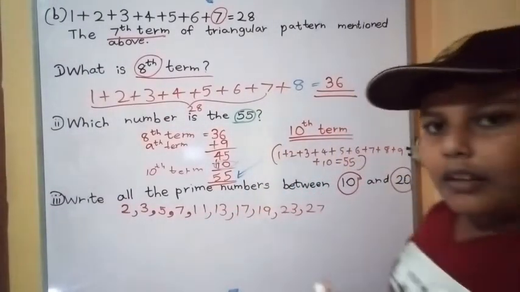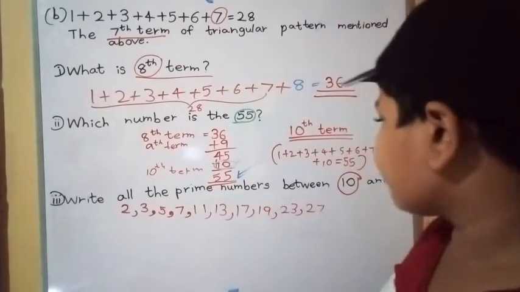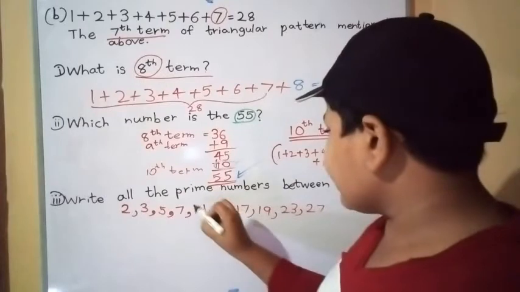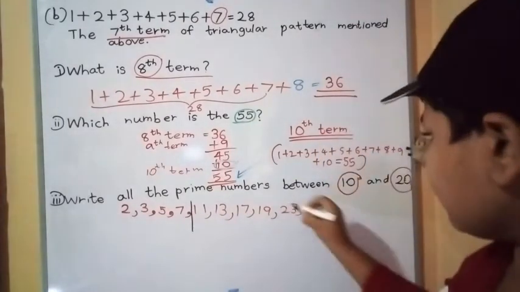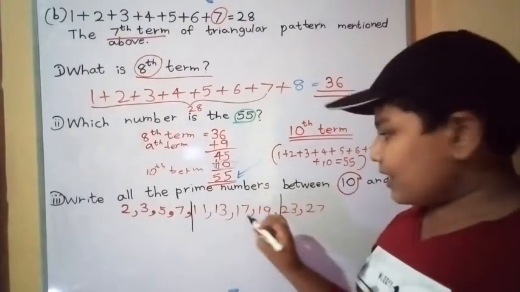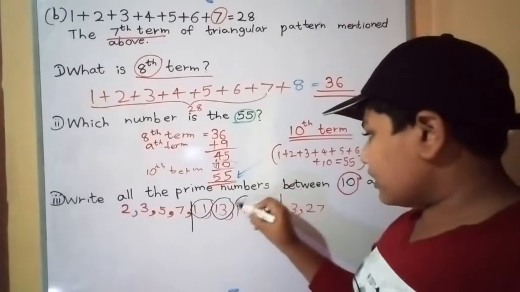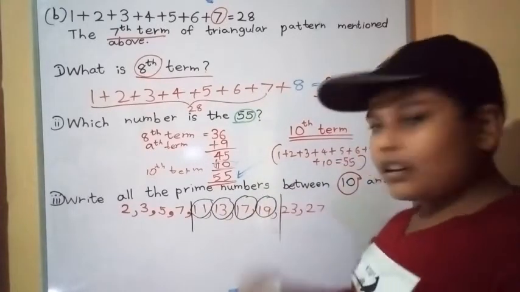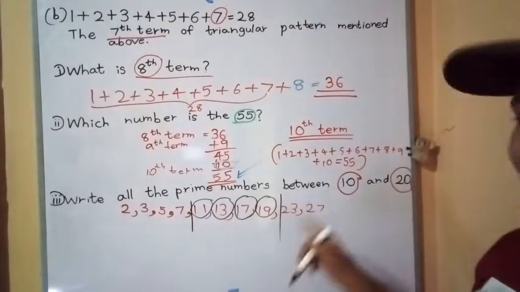If you get the prime numbers like this, between 10 and 20, you now have these 4. Now 11, 13, 17, 19. Right? 11, 13, 17, 19.